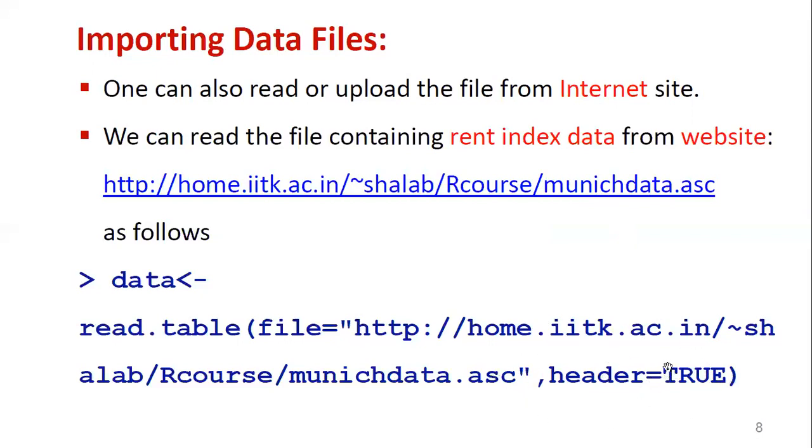Whether you mention this or not, the column headings will be displayed; we will also see what happens if it is FALSE. Whenever you run this, the data is imported and stored temporarily in the variable data. Now whenever you call data, this database is displayed here.